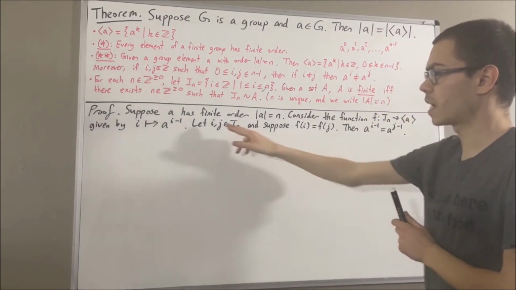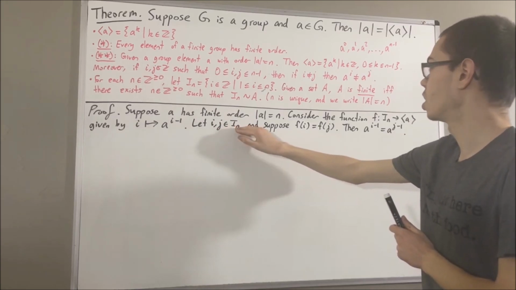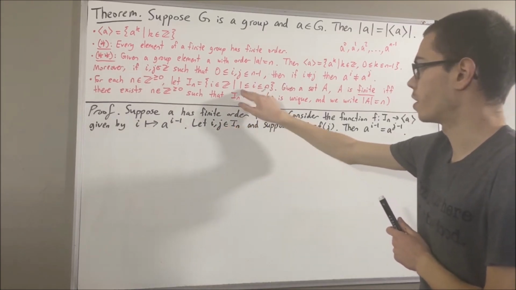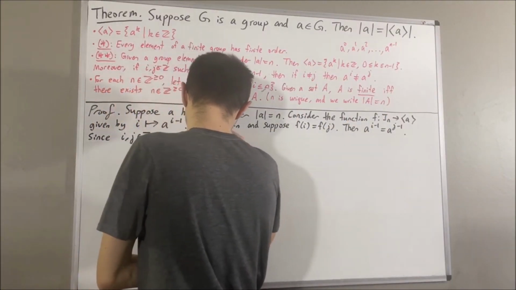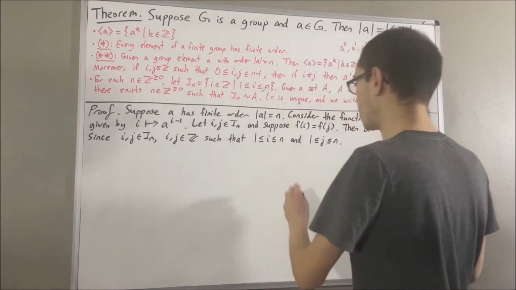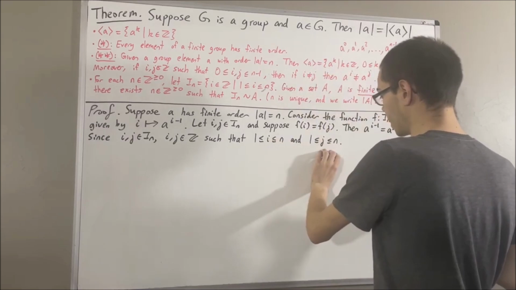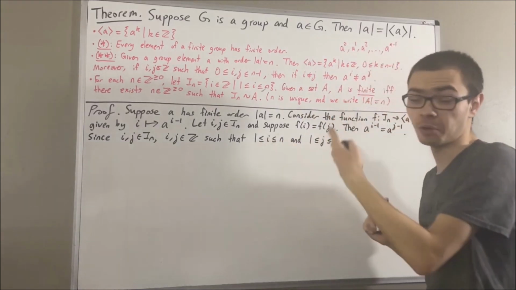Now, since i and j are elements of I_n, this means that i and j are integers which both lie between 1 and n. But then, if we subtract 1 through these inequalities, we get that i minus 1 and j minus 1 lie between 0 and n minus 1.